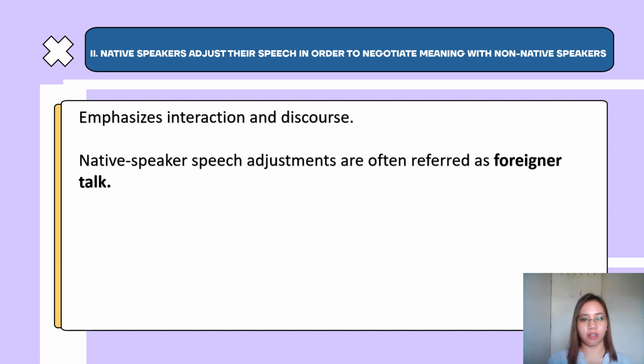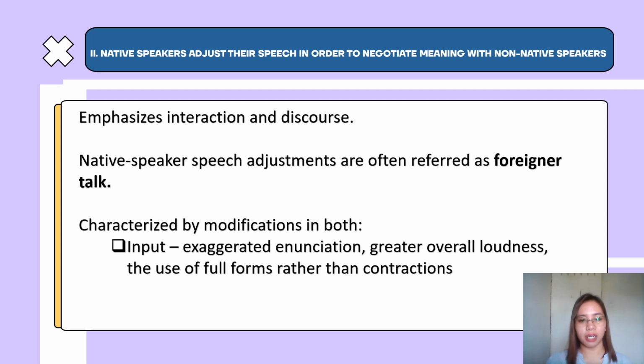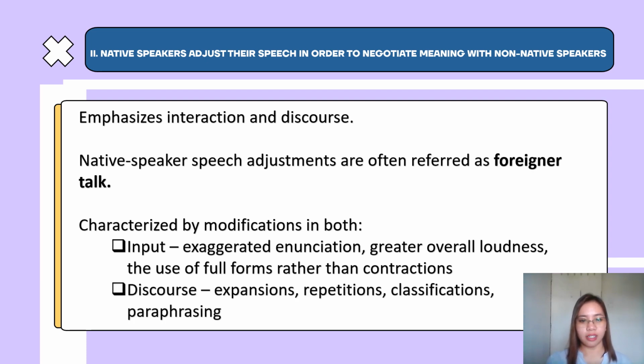Native speaker speech adjustments are often referred to as foreigner talk, characterized by modification in both input and discourse. For input, it is exaggerated enunciation, greater overall loudness, and the use of full forms rather than contractions, and for discourse, expansions, repetitions, clarifications, and paraphrasing.